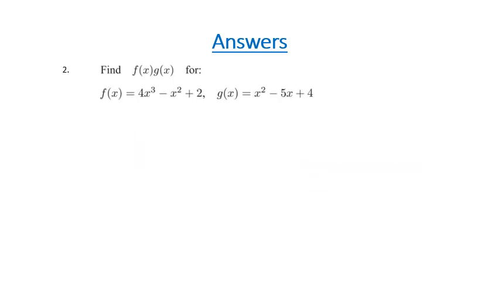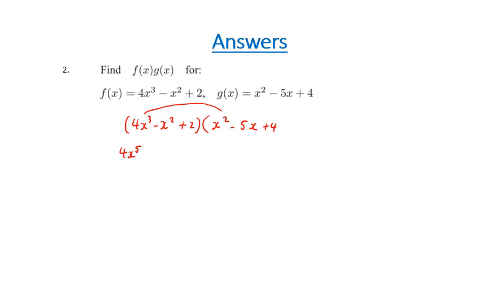Okay, so for our second question, we're just multiplying these two. So we have 4x cubed, take x squared plus 2, and we're going to multiply that by x squared, take 5x plus 4. I'm going to multiply these first, which will give me 4x to the 5.